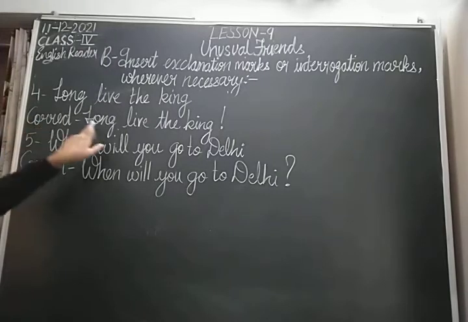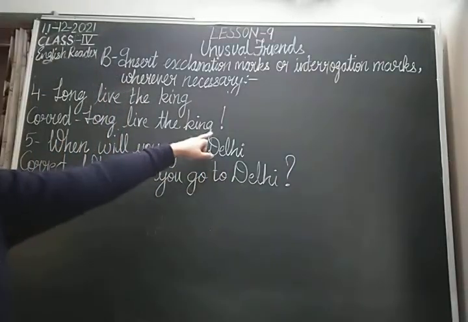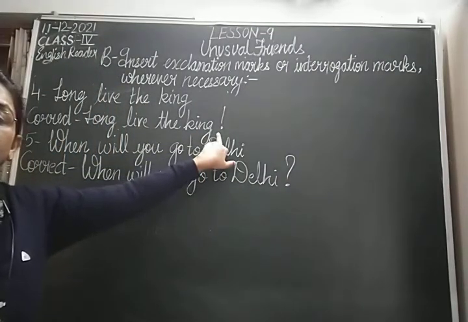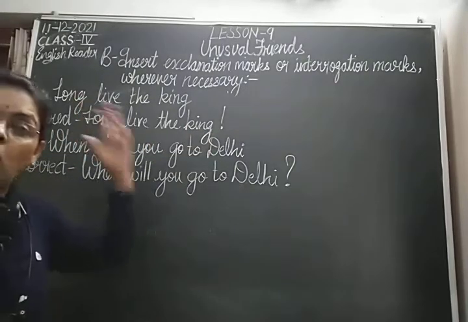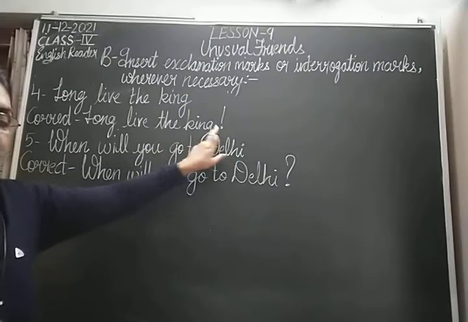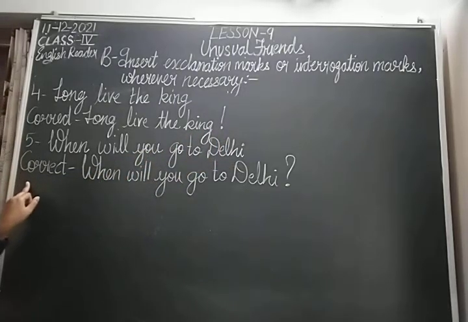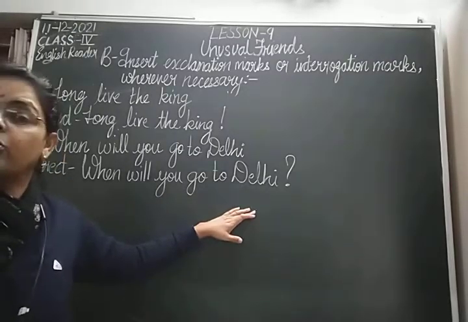The 4th sentence is a wish. And if we wish something, if we express our wish, we need to put an exclamatory mark at the end of the sentence. So our sentence is, long live the king. We wish long life of the king. So at the end we'll put an exclamation mark. Then the 5th one. When will you go to Delhi? This is a question or an interrogative sentence.